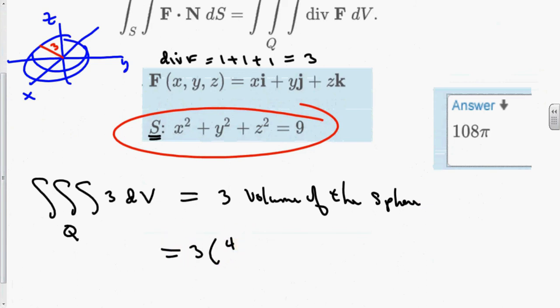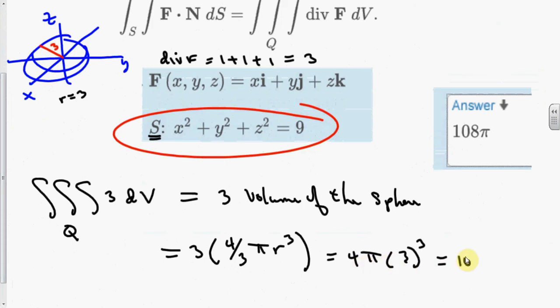This is 3 times, what is that, 4/3 times pi r cubed? Well, here, r is equal to 3, the radius. So this is 4 times pi times 3 to the third. So it gives us 27 times 4, which is 108 times pi.